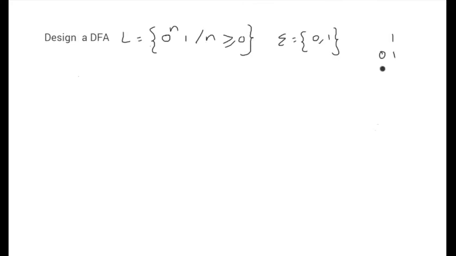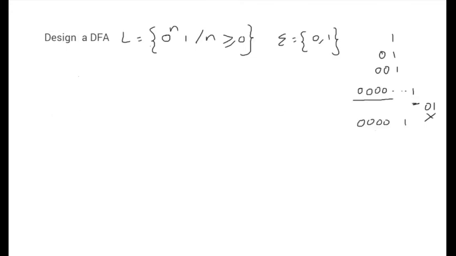If n equal to 2, the string 0, 0, 1 must be accepted. Since n is greater than or equal to 0, the string pattern is any number of zeros followed by 1. After this 1, if it has seen any number of zeros and ones, it should not be accepted. It should end with 1.